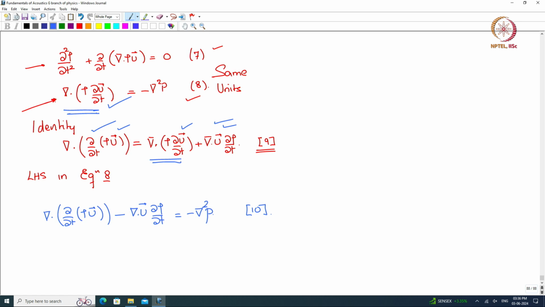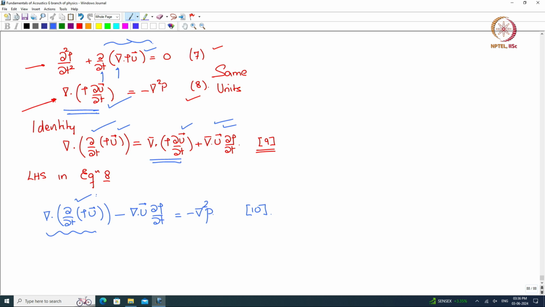Now this term here is the same as this term over here, because these are linear operators, they can interchange, the del dot and del t can be interchanged. So this term is this term over here.